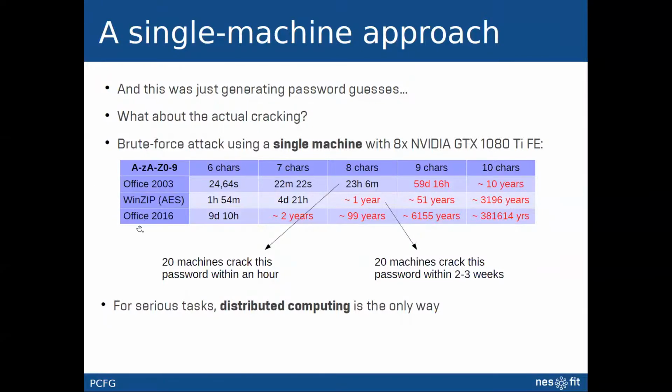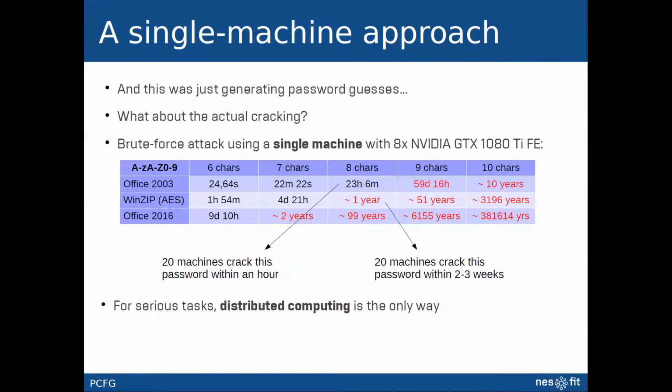So, for example, you want to crack an 8-character alphanumeric password securing an Office 2003 document. It takes at most 23 hours. Cracking a WinZip password of the same length and structure could take about a year.